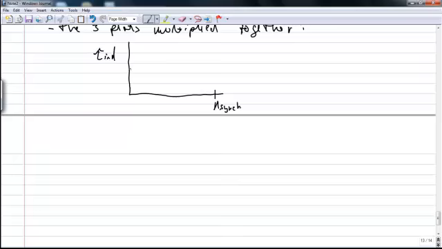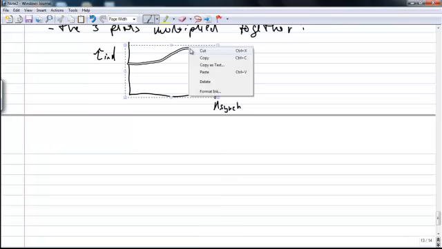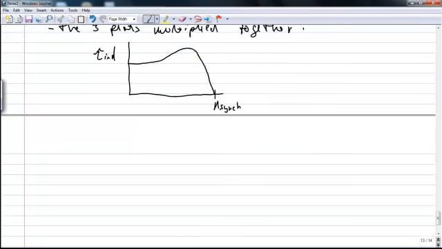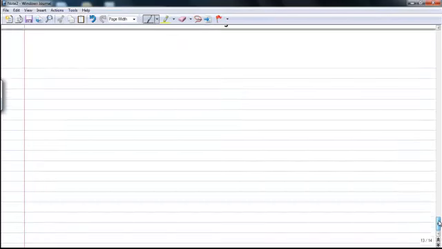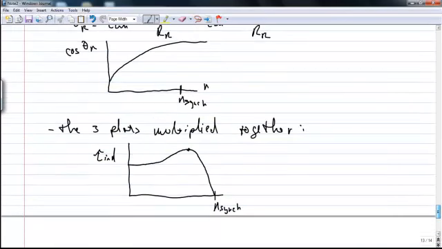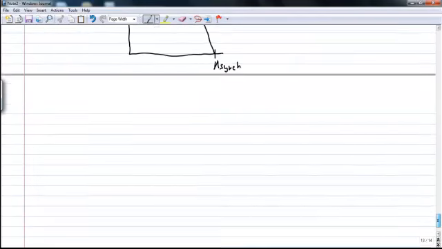We plot induced torque. And that's what the plot is going to look like. Up here, at this point, we have our pull-out torque. So graphically, that's how we can think about this induced torque.